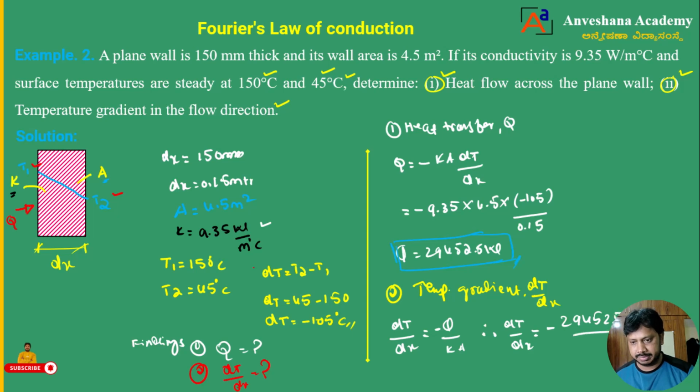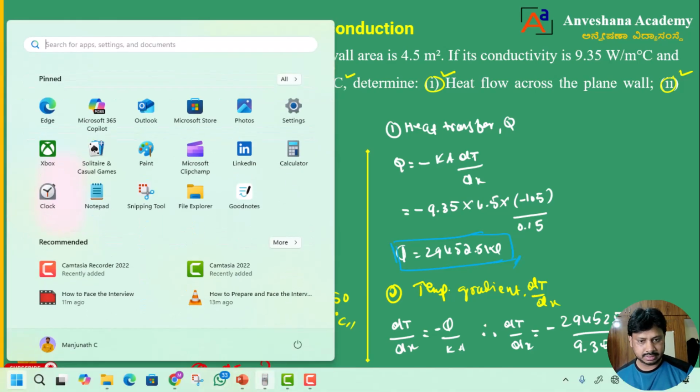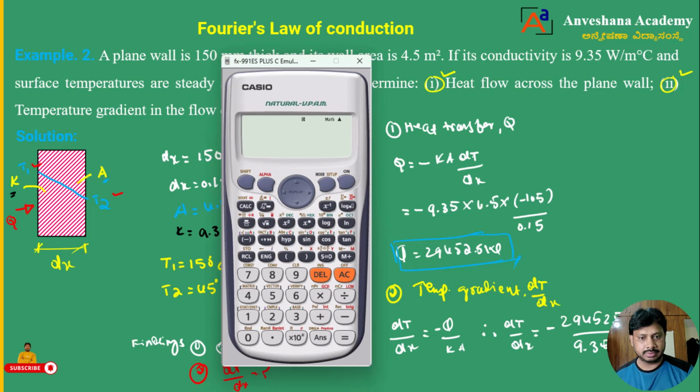29452.5 divided by, what is the value of K? K is given, right? That is 9.35, into A. What is A? He has given 4.5. Do the simplification, dear students. How much are you going to get? 29452.5 divided by 9.35 into 4.5.